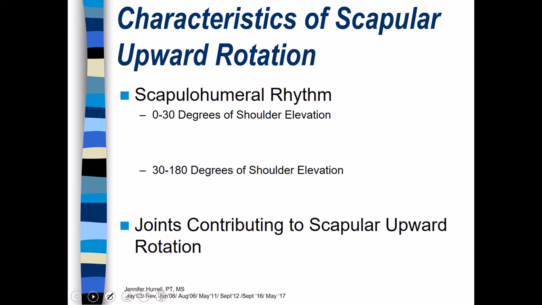From 30 degrees all the way up to 180, lifting all the way overhead, that's when the scapula kicks in. And what we see is for every 2 degrees of humeral elevation, we get 1 degree of scapular upward rotation.